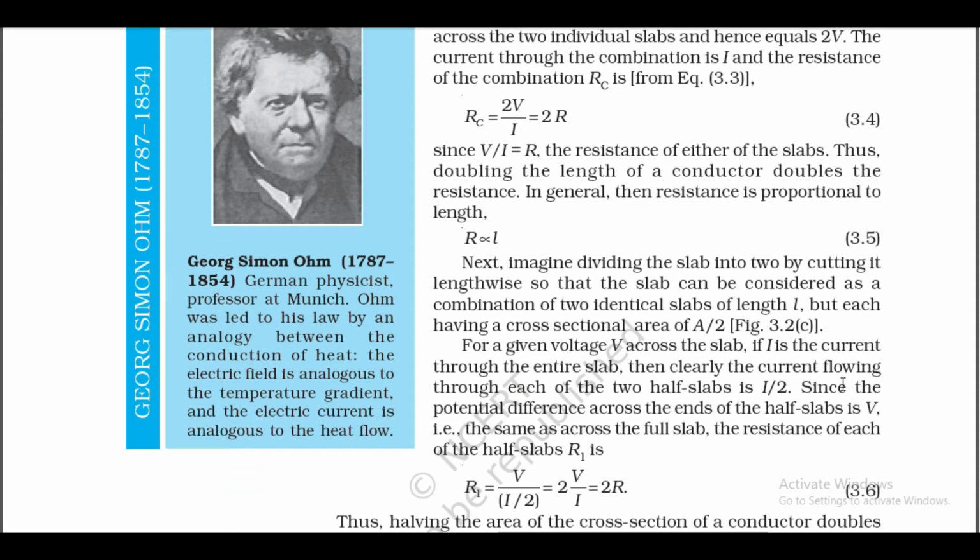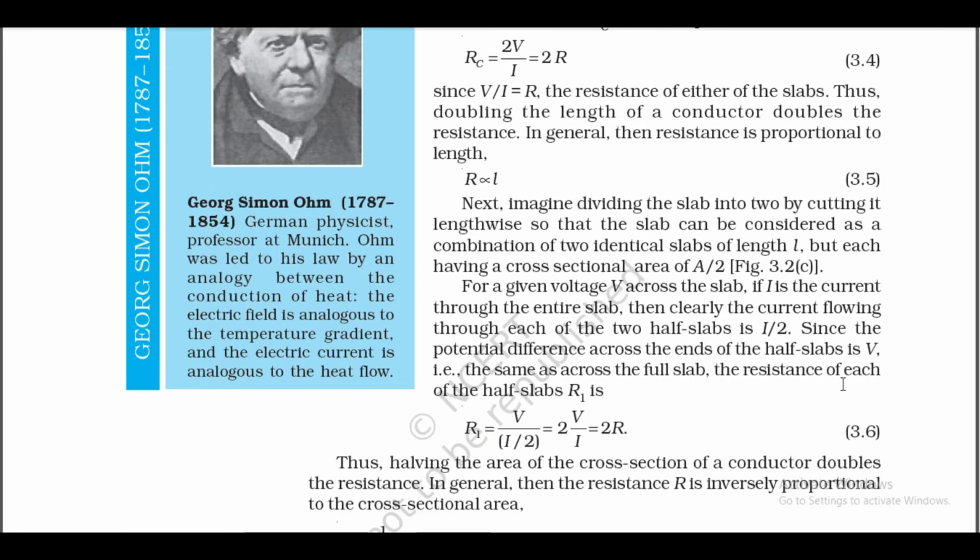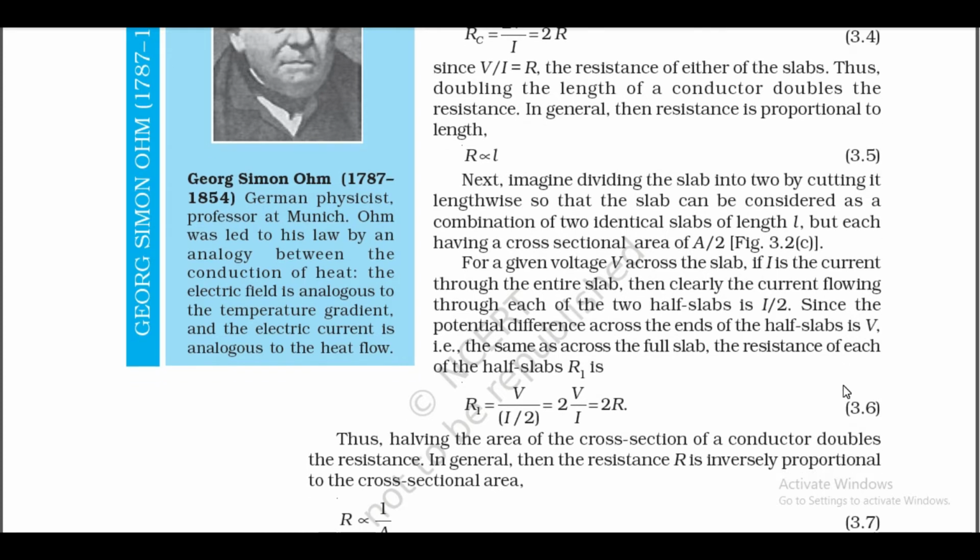Next, imagine dividing the slab into two by cutting it lengthwise, so that the slab can be considered as a combination of two identical slabs of length L, but each having a cross-sectional area of A/2. Figure 3.2c. For a given voltage V across the slab, if I is the current through the entire slab, then clearly the current flowing through each of the two half slabs is I/2.